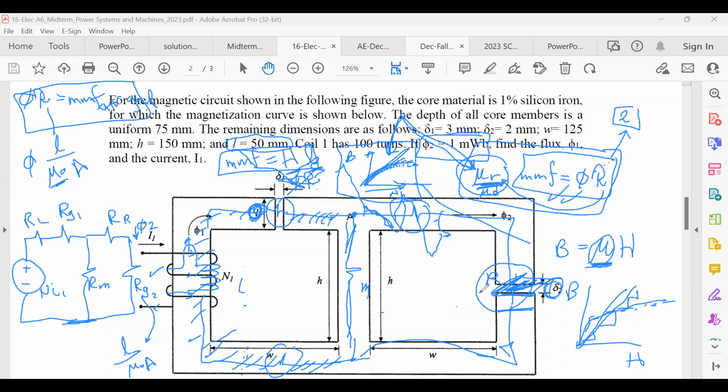Now it's correct. So L times, what is the thickness? It's given, or the depth, it's given as 75. So L times 75, or 50 millimeter times 75. This is the cross-section area for this air gap and this one too.